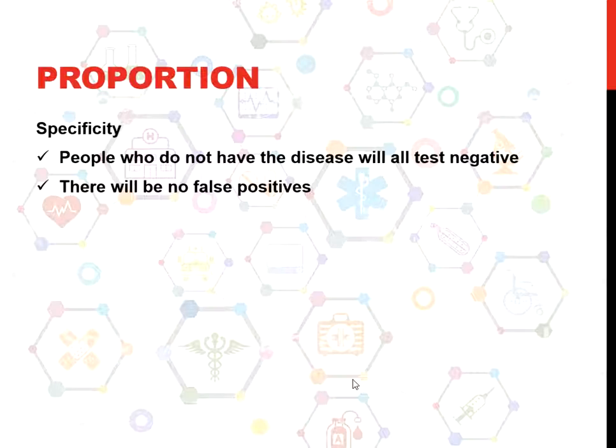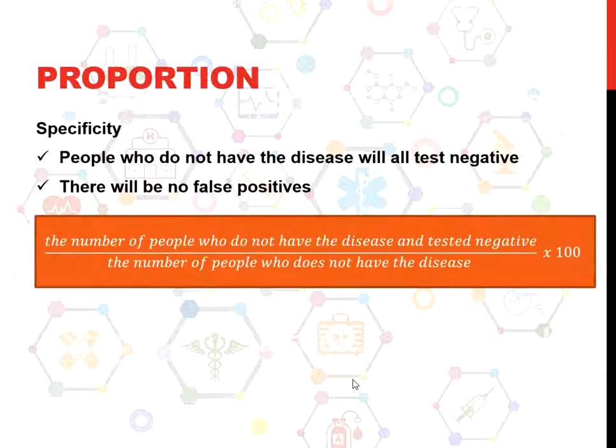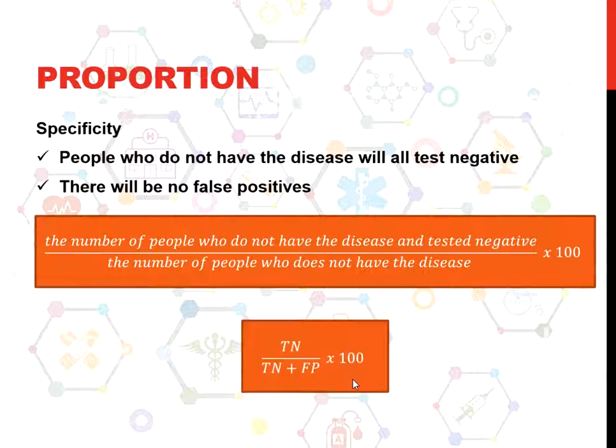So, kapag yung negative or yung walang sakit, nag-test na positive, false positive yung tawag natin doon. Formula: the number of people who do not have the disease and tested negative, yung walang sakit at negative, over the number of people who do not have the disease. So, lahat ng walang sakit. So, again, TN or true negative over true negative plus false positive times 100 to be percentage.